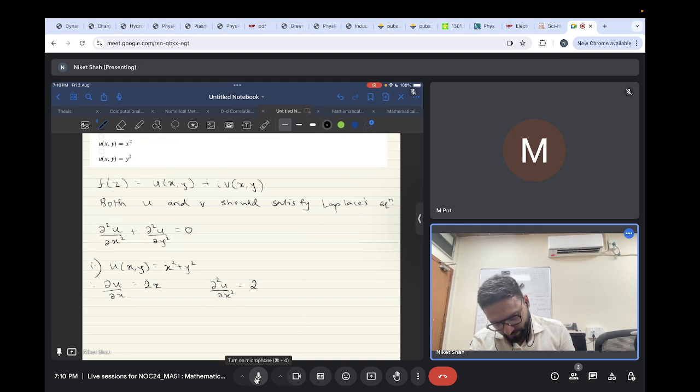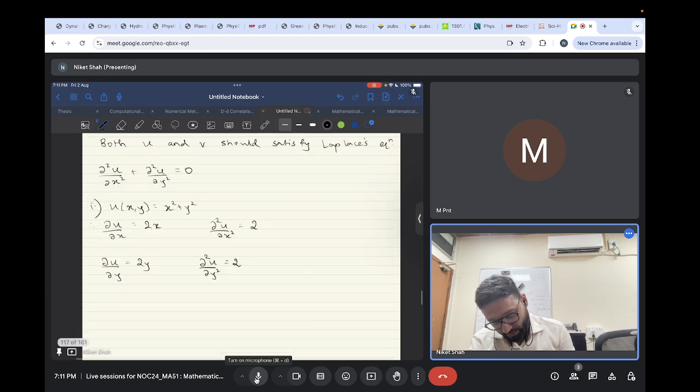Similarly, del u by del y is equal to 2y, and del square u by del y square is equal to 2 again. So what I want is this equation to be satisfied. Del square u by del x square plus del square u by del y square is equal to 2 plus 2, which is equal to 4, which is not equal to 0.